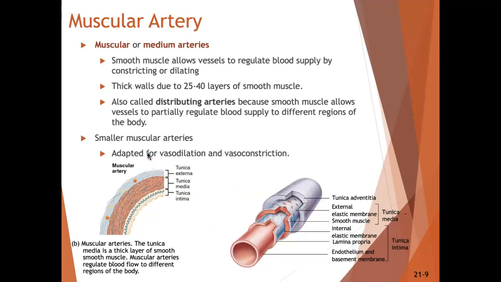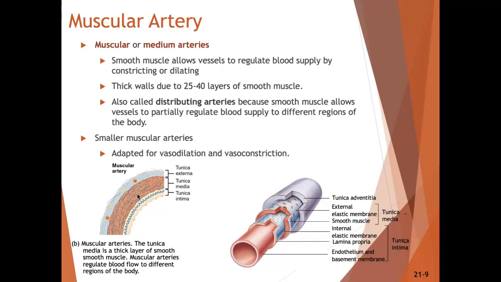Now with our muscular artery, these are also called medium arteries. We still have quite a bit of smooth muscle, but we're allowing the vessels to regulate our blood supply by doing vasoconstriction or vasodilation. The thickness of the walls here are about 25 to 40 layers of smooth muscle. And we can also call these distributing arteries because they're really going to go and distribute to a particular area.